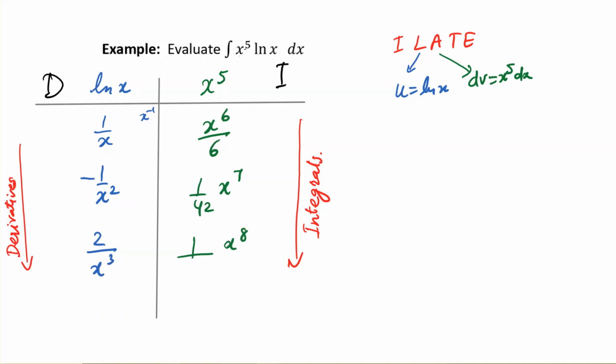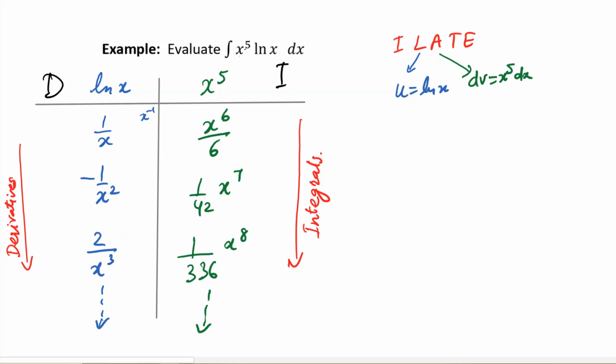So 42 times 8 is just 336. And we can keep on going. There is no stopping, because the powers keep on increasing even though they are in the denominator, and here again the exponents keep on increasing.